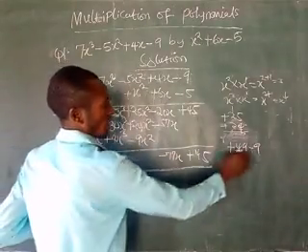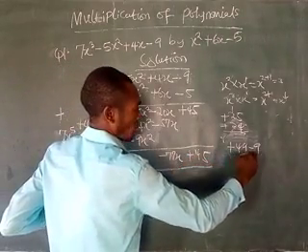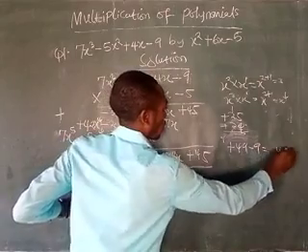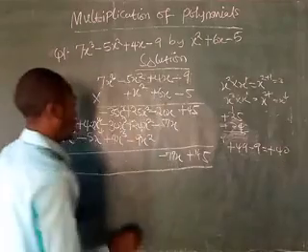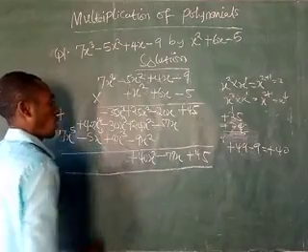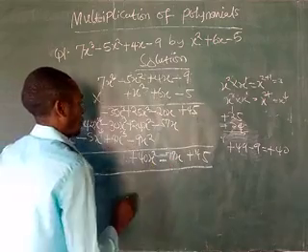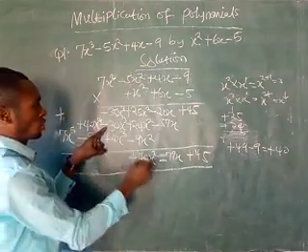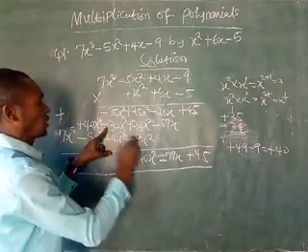If you have anything like this, what you do is subtract. Just say 49 minus 9 to give you 40. And what's the sign that the bigger number is carrying? It's a plus sign. So here we're going to have plus 40x squared. Don't forget this minus is here. The next one is minus 35 minus 30.